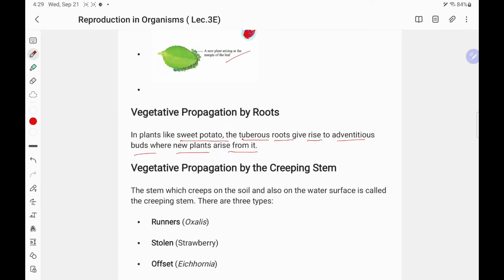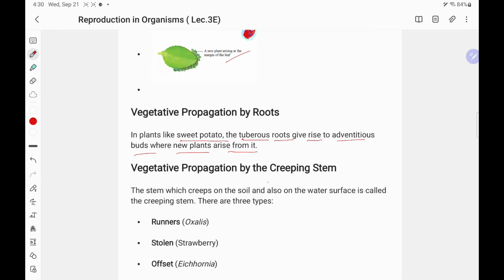In sweet potato, adventitious buds are found that will produce a new plant, and such propagation is called vegetative propagation by roots.